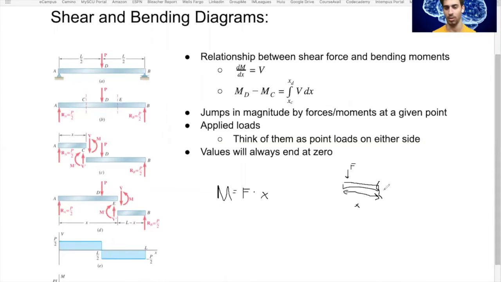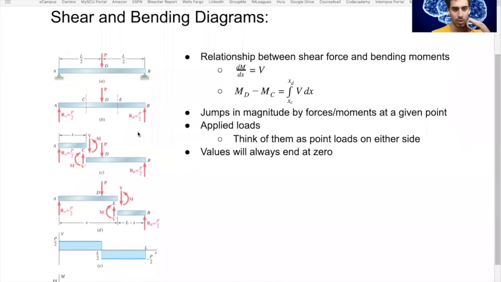We're measuring the internal forces here. So we have our bending moment right here, and this bending moment will change based on the length of this right here. For the shear force here, this length is essentially your x value. And the further along you go on the x, your moment increases.